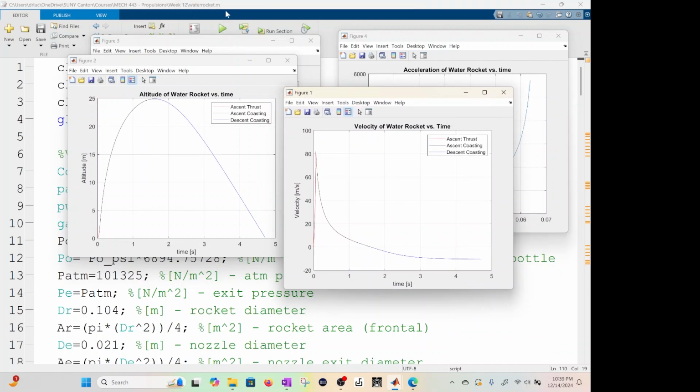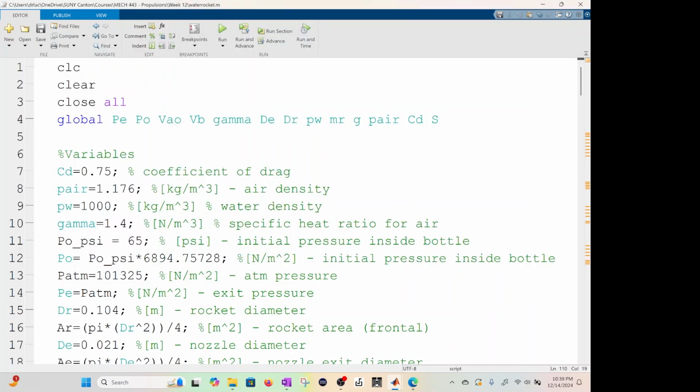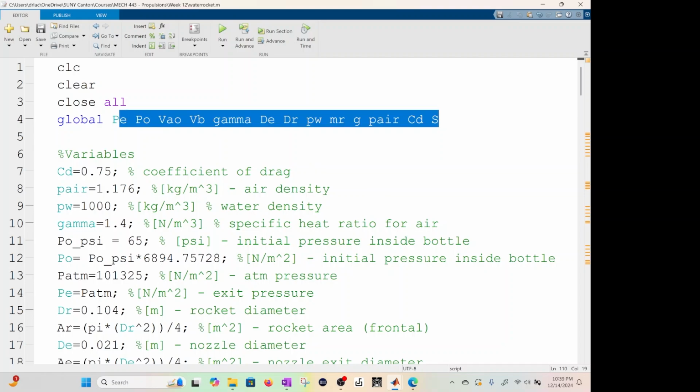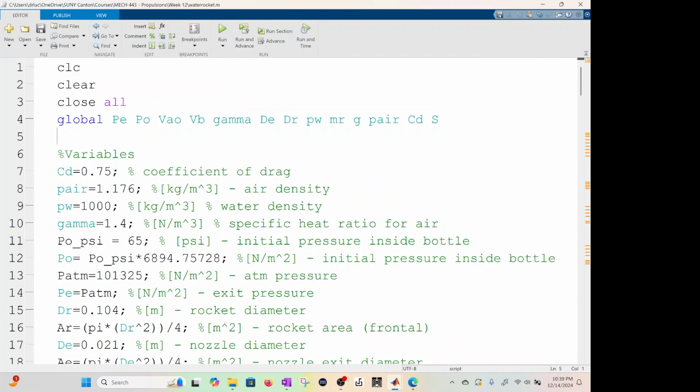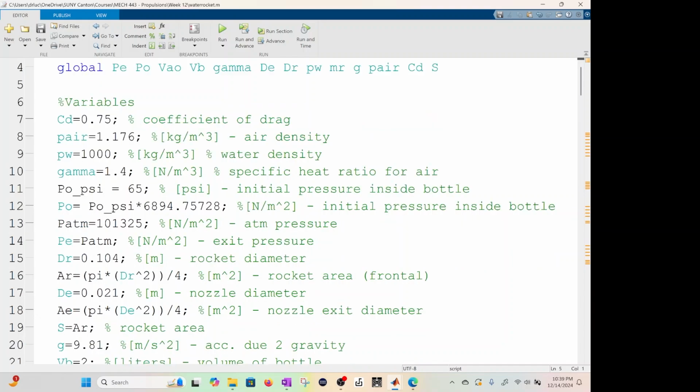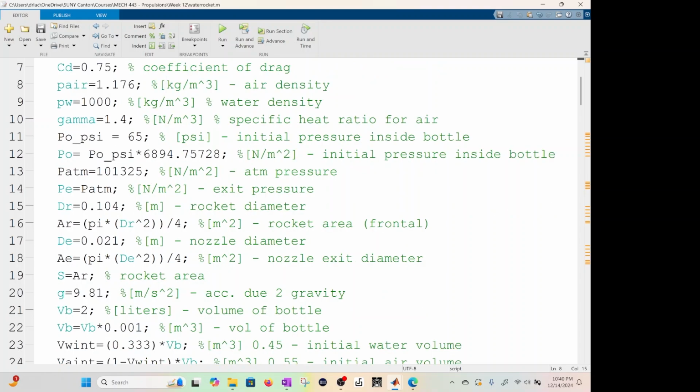All right. Okay, so how does this work? Well, first, I have global variables. These are pretty much constants that are in my function codes, and I'll show the function codes here in a little bit. Okay, here's my givens. I picked coefficient of drag, air density, water density, specific heat ratio, initial pressure inside the bottle.